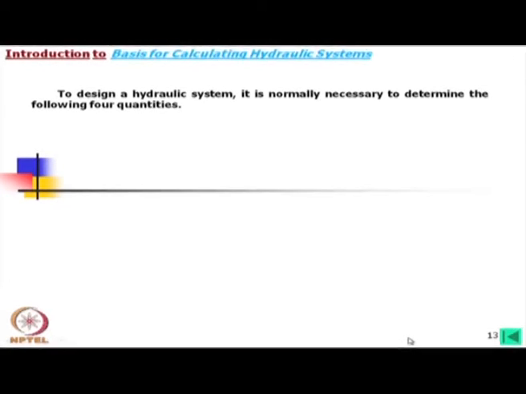Now, we shall go into some basic calculations, which, looking at the time, perhaps we will not be able to cover much, but I will give you some idea and possibly the rest we shall discuss in the next lecture. Now, to design a hydraulic system, it is normally necessary to determine the following 4 quantities.